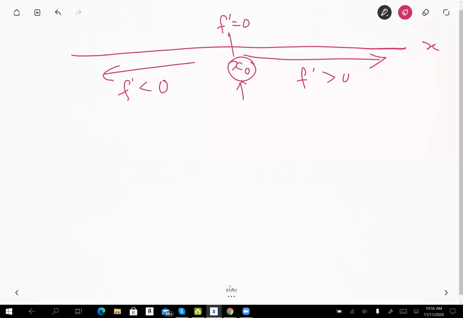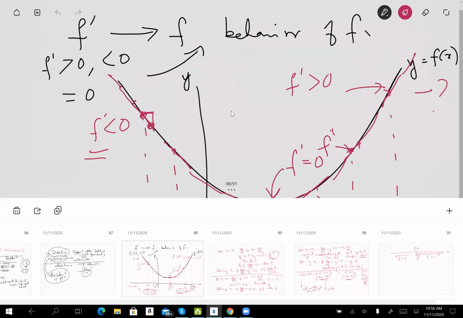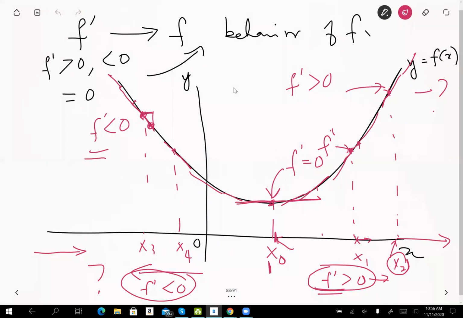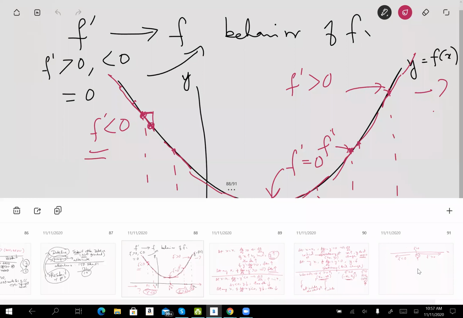When you look at the behavior of f prime, you break it out into f prime positive and f prime negative. Now, why is this point important, where the derivative is 0? Anybody?